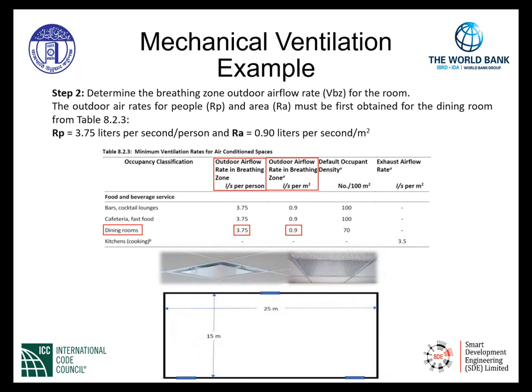As indicated in the table below, the R sub P value, the outdoor airflow rate in the breathing zone in liters per second per person, is given to us at a rate of 3.75 liters per second per person. And the adjacent column, the outdoor airflow rate in the breathing zone for the area, is given to us as 0.90 liters per second per square meter. So we select those two values for our dining room in step 2.